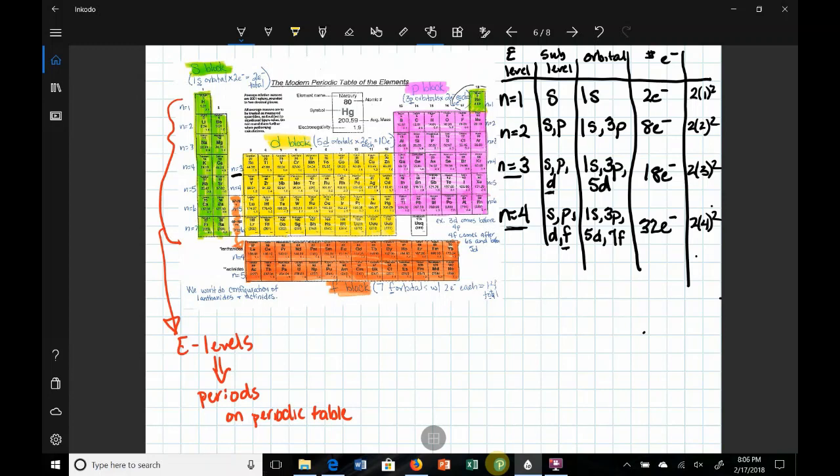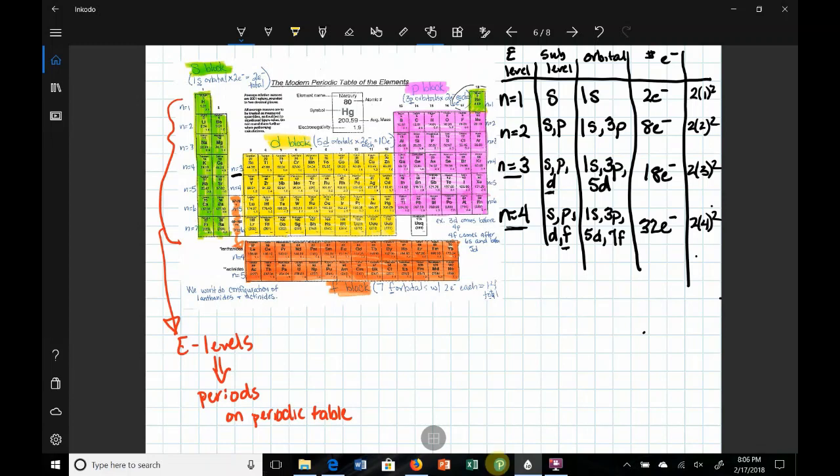So these atoms down here have electrons that are found in the fourth energy level. We don't necessarily do electron configurations of these atoms. They get to be a little bit difficult.